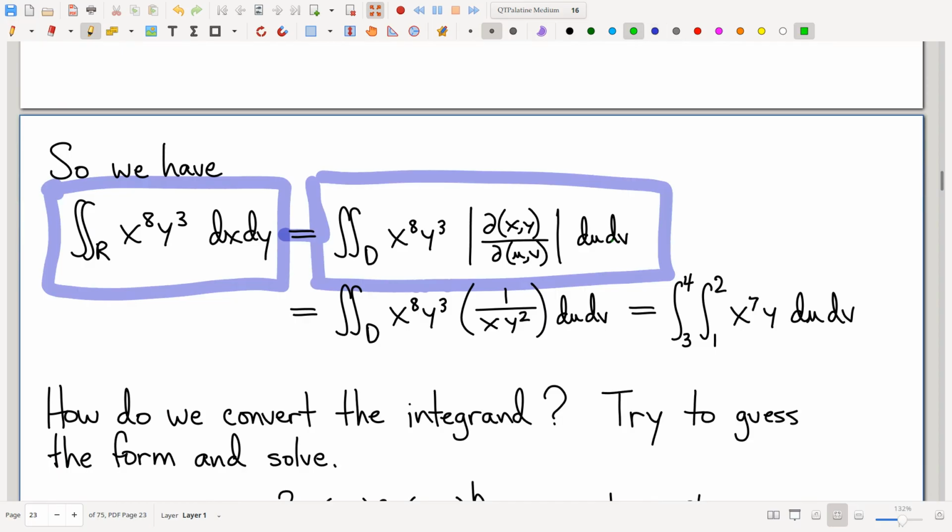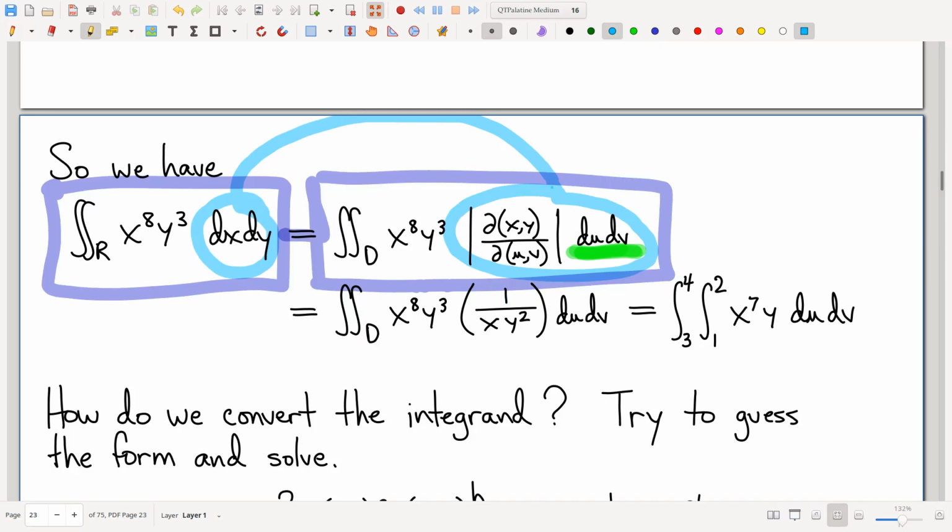Said differently, I would like to rewrite dx dy as some stretching factor times du dv. Right, now notice I'm just thinking through from where I happen to be to where I want to be, and I'm trying to persuade myself of which one of these stretching factors I actually need.